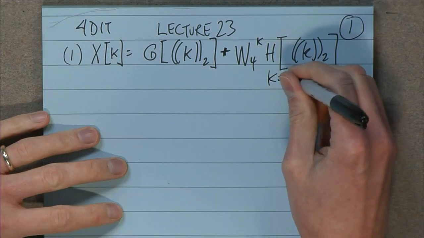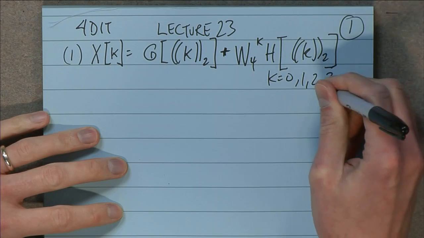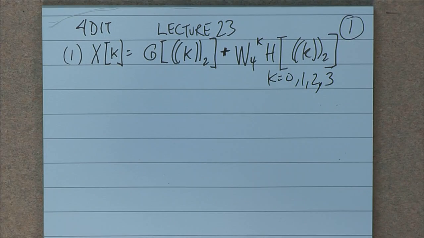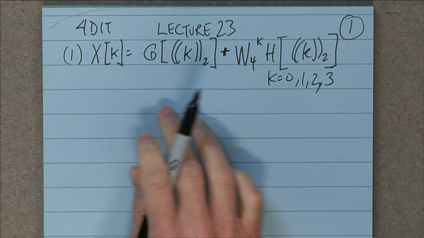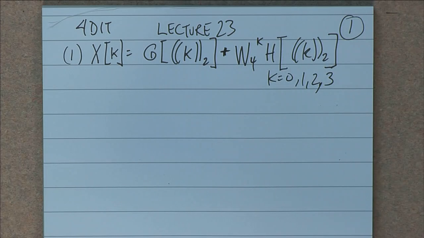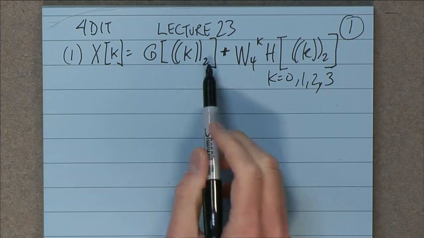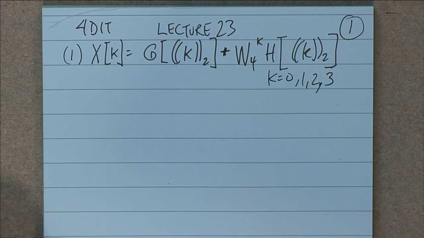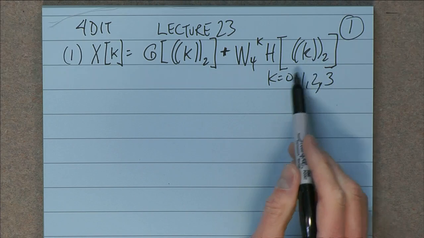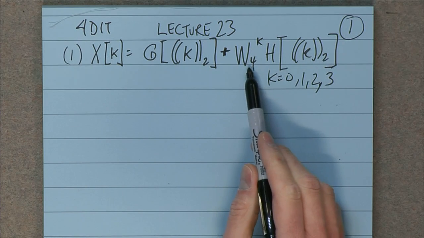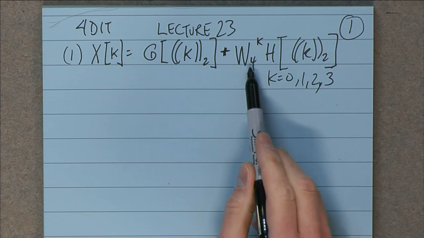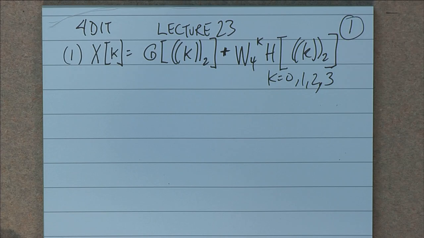As we talked about last time, we can take X of k and break it into two pieces, G of k and H of k, where I think we played around in MATLAB and said this is basically a 2-point DFT. So we can sum these two 2-point DFTs together with this glue term, which puts it back together and makes a 4-point DFT.